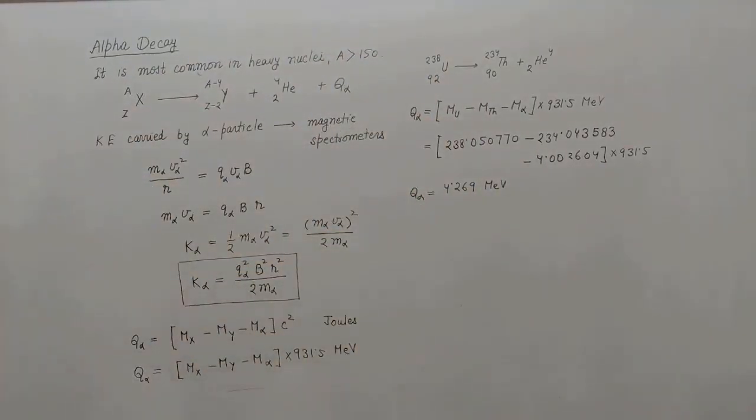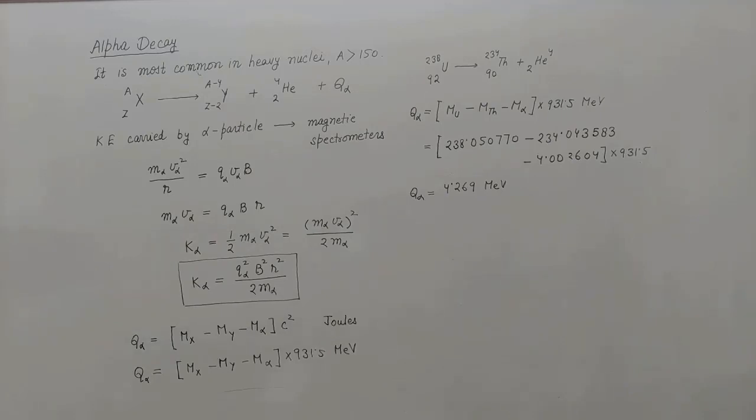So when this radioactive nuclei 92 uranium 238 undergoes alpha decay, then Q alpha of this reaction comes out to be 4.269 MeV.